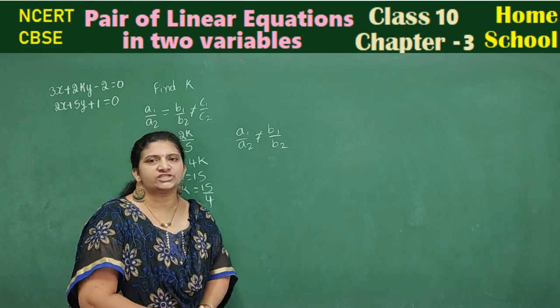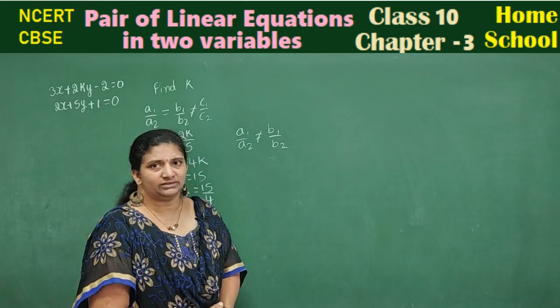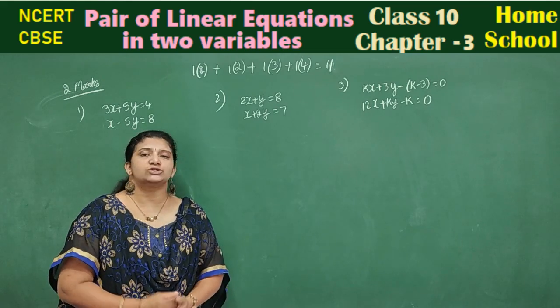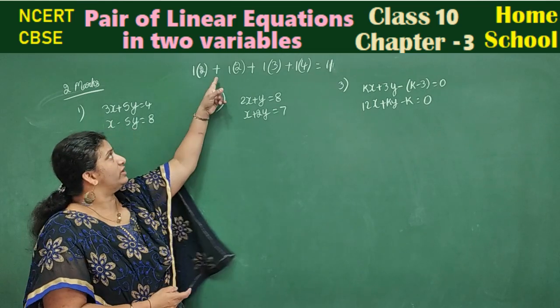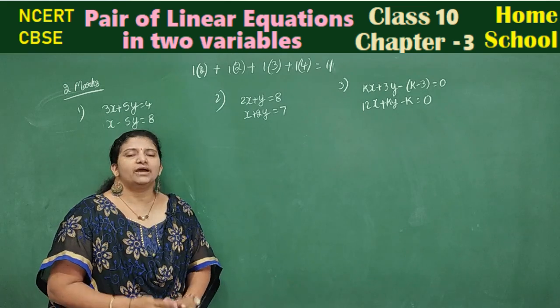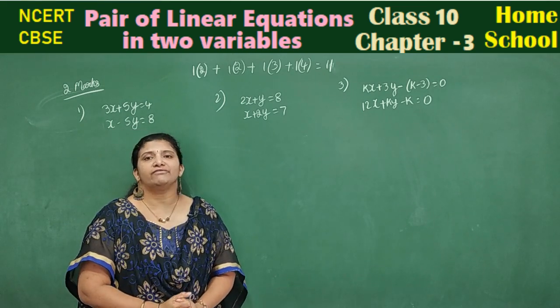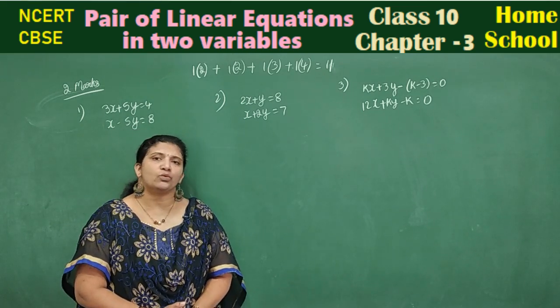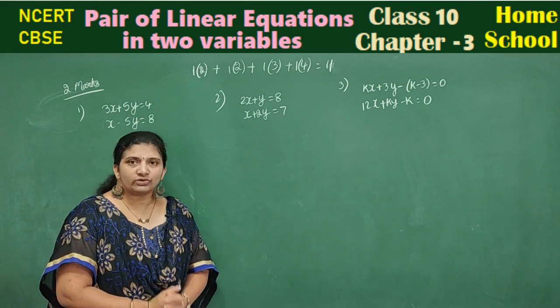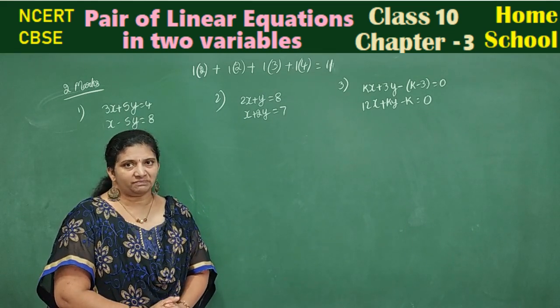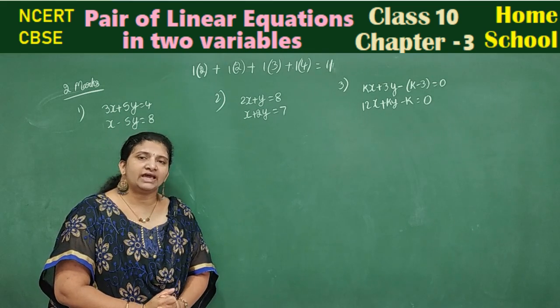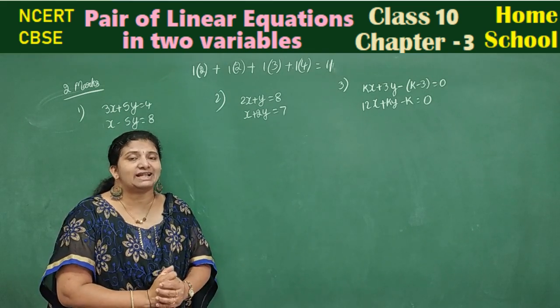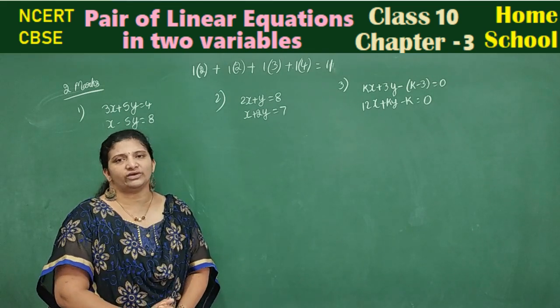Okay, these types of questions will be asked for 1 mark. For 1 mark, they may ask two questions, that means 2 into 1, 2 marks. Coming to 2 marks, they will give you a pair of linear equations in two variables, and we need to simplify those two equations. Actually, we have three algebraic methods to solve the equations.